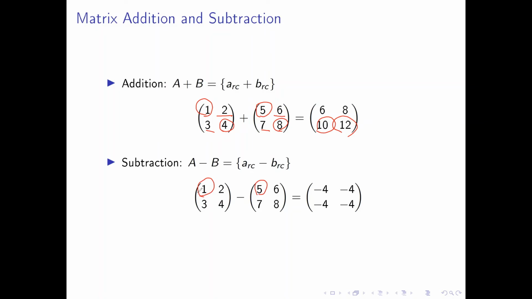If we subtract 5 from 1, we get -4. Same thing for other corresponding elements. We get -4, -4, -4, -4. So almost exactly the same as matrix addition. The only exception is that now the operation becomes subtraction.